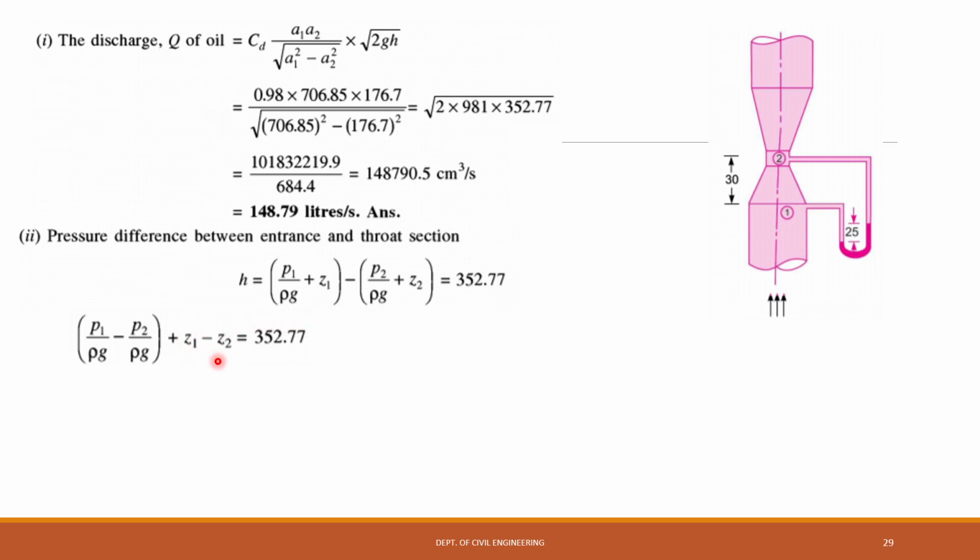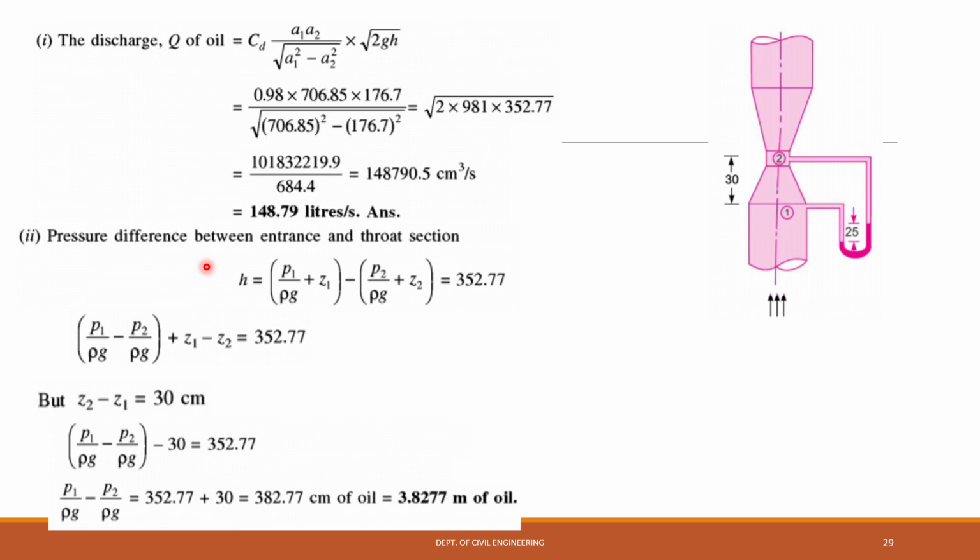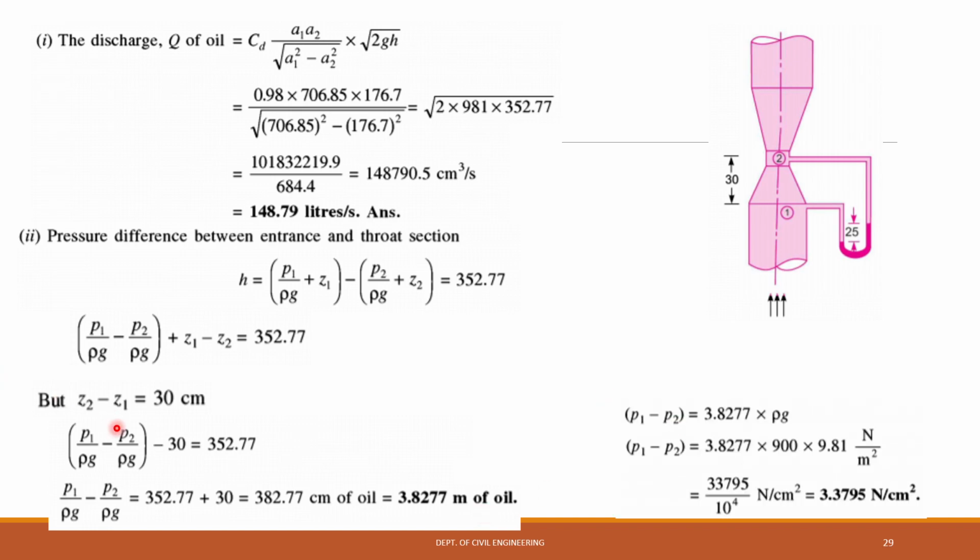We already know the value of Z2 minus Z1, isn't it? Here it is Z1 minus Z2, so when you substitute, it becomes minus 30. And you will be getting the value of P1 by rho g minus P2 by rho g is equal to 3.8277 meters of oil. So you got the pressure head difference.